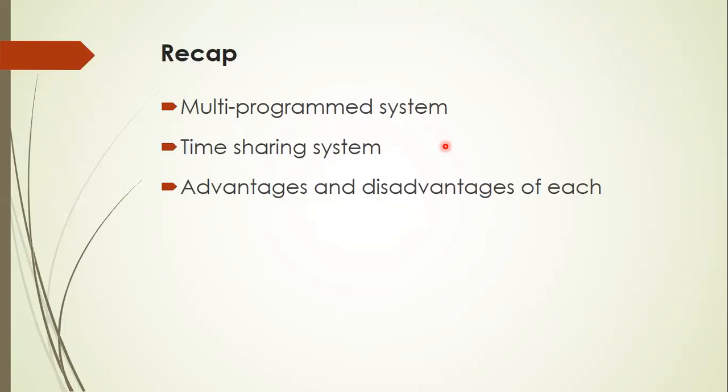One is after completely executing the previous job, or if a particular job has any input-output operation. In that case, for doing input-output operation, the processor is not required. What is required is the input-output device. So the processor automatically moves to the next program or next job in the main memory. So these are the two situations where the CPU switchover takes place from one job to another job.